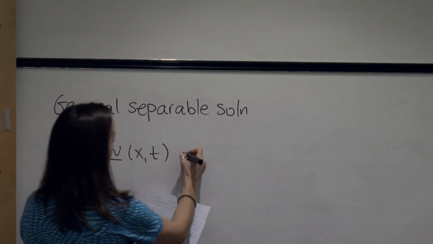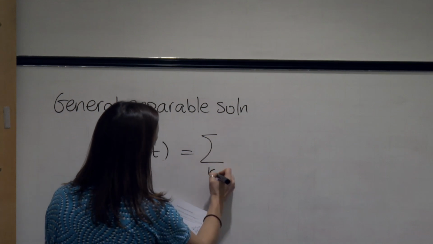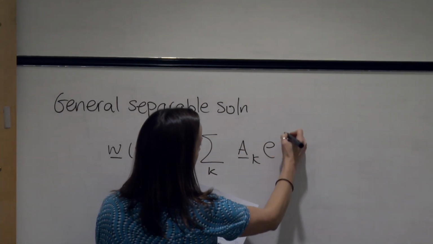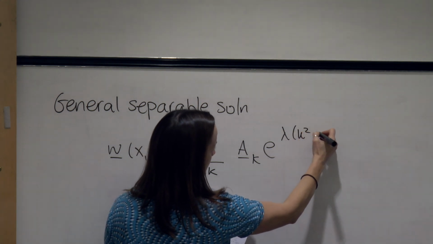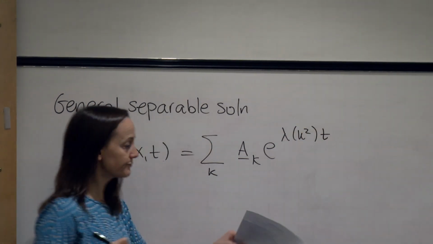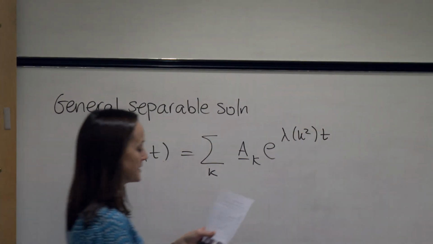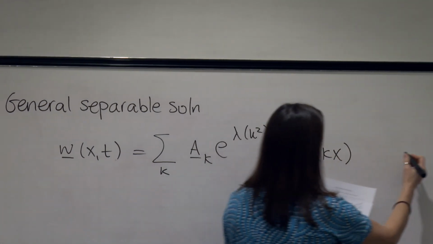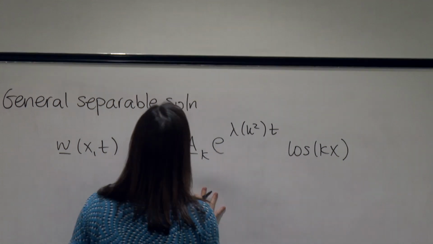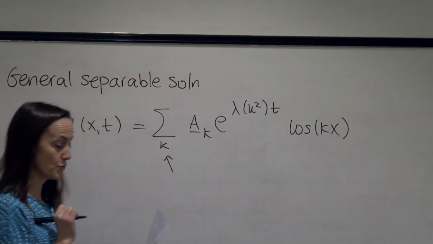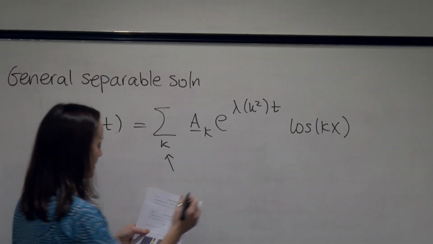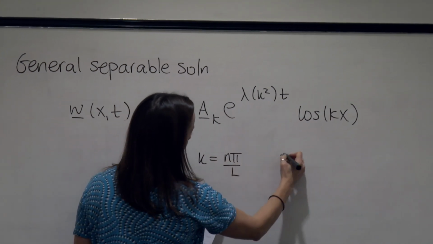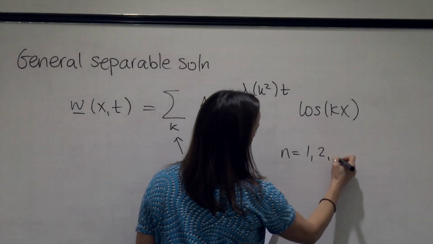We're summing over all the values of k that we can get. We've got our a_k, we've got e to the lambda, which is a function of k squared, times t. This is the time varying bit. And then we've got cos kx, where this sum is over all the allowable values of k, so these k's are equal to n pi on L for n equals 1, 2, etc.